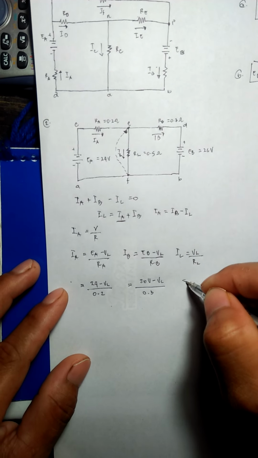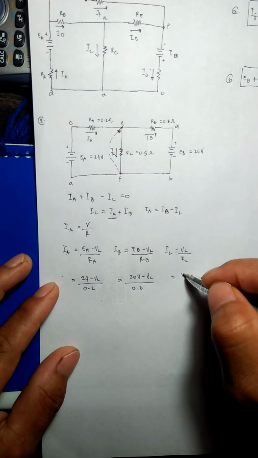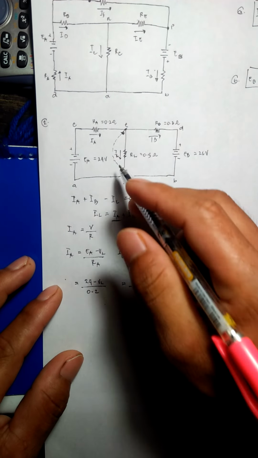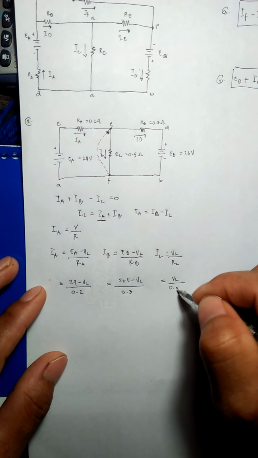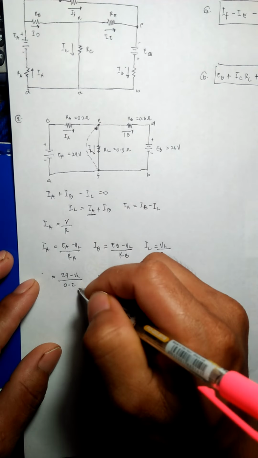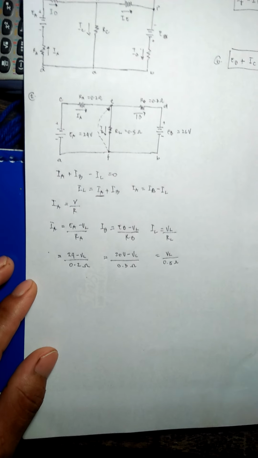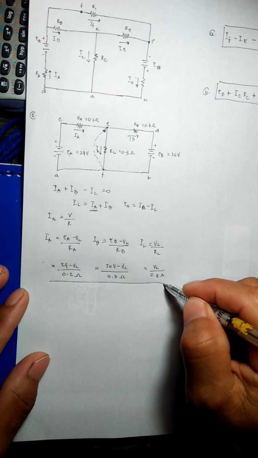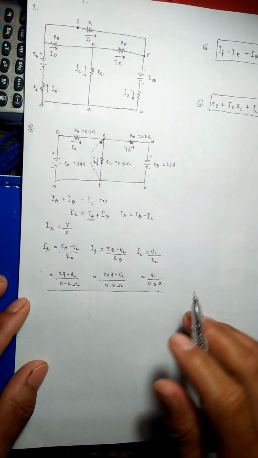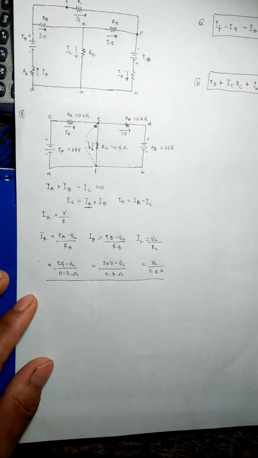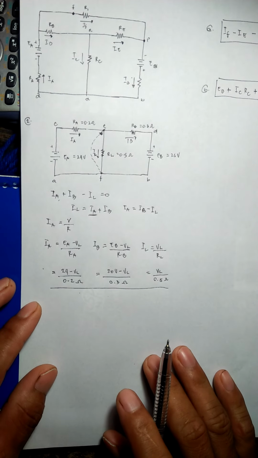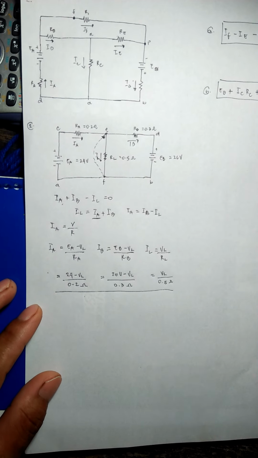Then IL is VL over RL, 0.5 ohms. Based on this, we can now solve for VL.